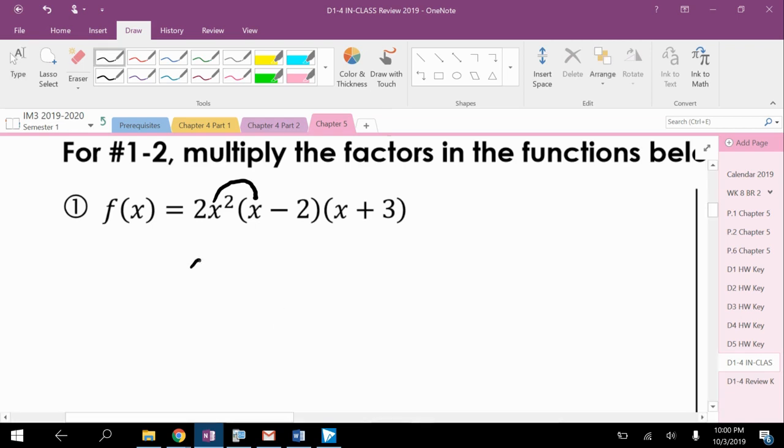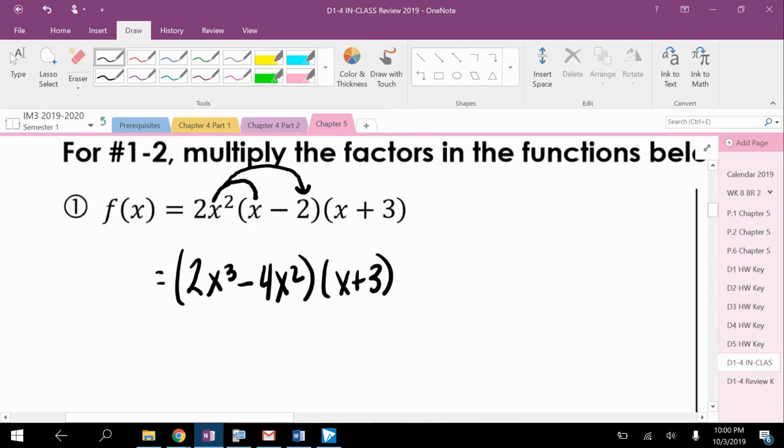So I'm going to get 2x cubed and then 2x squared times -2 is going to get me a -4x squared. Now that becomes a group, and we want to bring down the x plus 3, and we're doing just a lot of multiplication here. So now I'm going to take each one of these terms.